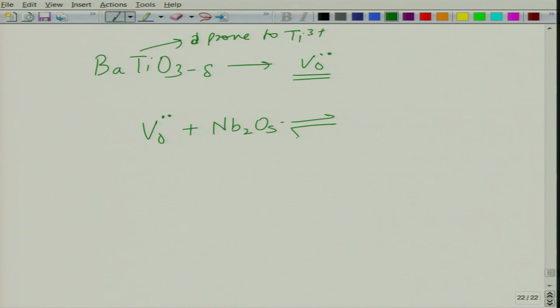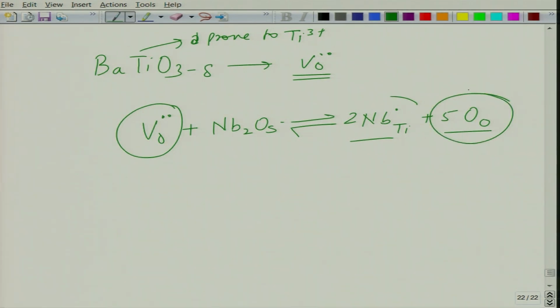If I bring in niobium oxide, then niobium goes to titanium site. So, 2 niobiums go to titanium site, 5 oxygens go to oxygen site. So, 2 of them are related to titanium, 4 of them are related to titanium, and 1 of them is related to VO. So, as a result they sort of compensate. So, charge compensation is done like this. Your oxygen vacancies are compensated by these extra oxygens brought in by the +5 valence.